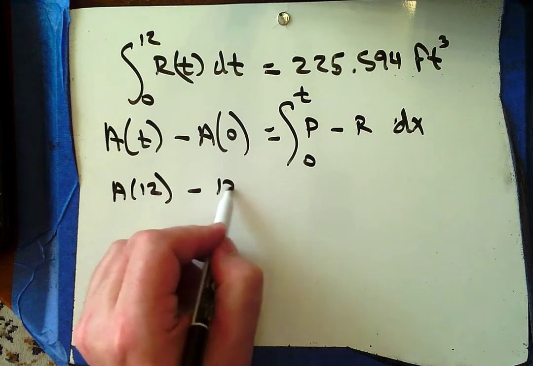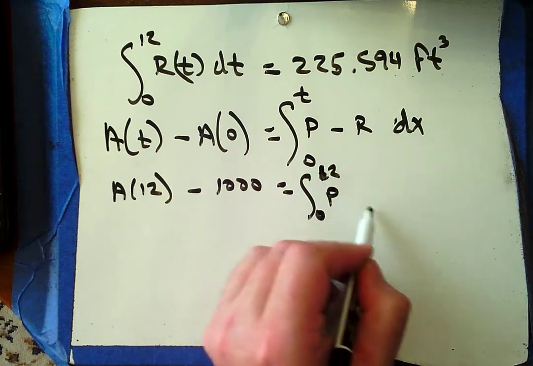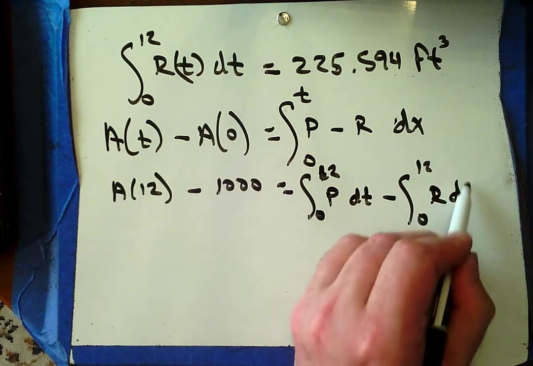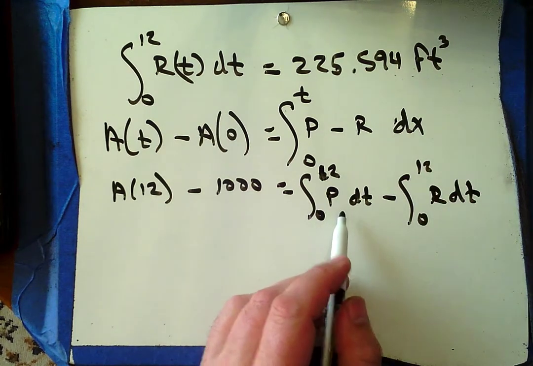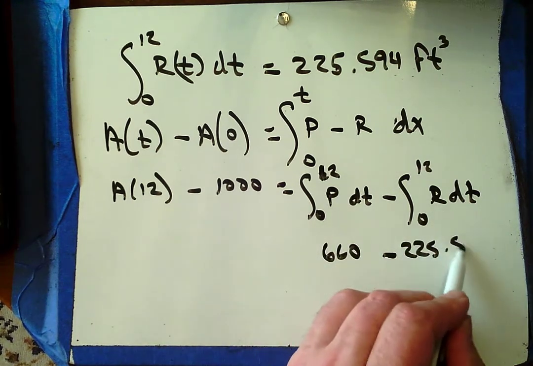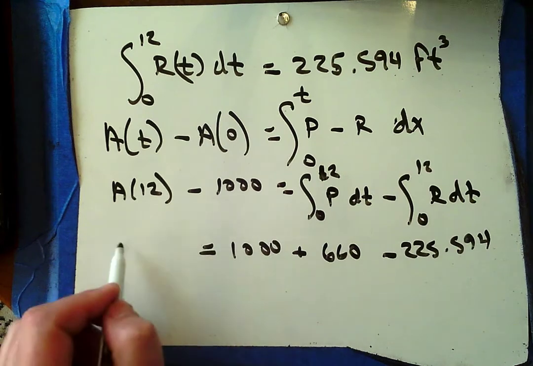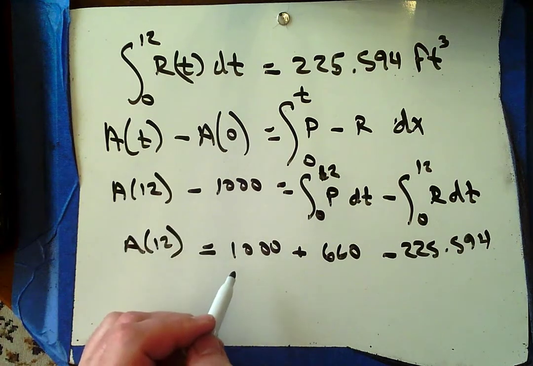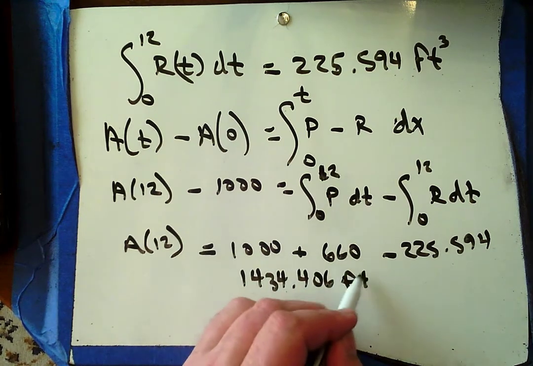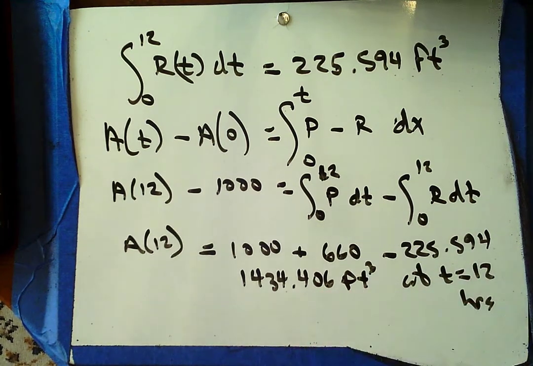We started off with 1,000, equals the integral from 0 to 12 of p minus the integral 0 to 12 of r. Well, we found this in part A. This was 660. We found this in part B. This was 225.594. And we want to add 1,000 to find A of 12. And I come up with 1434.406 cubic feet at t equals 12. And again, these are hours.